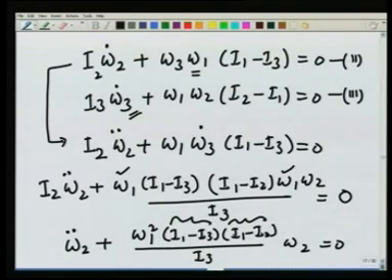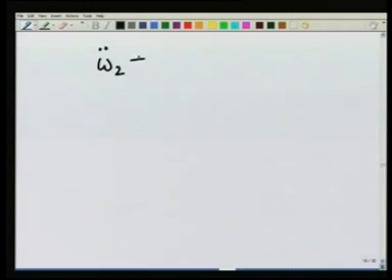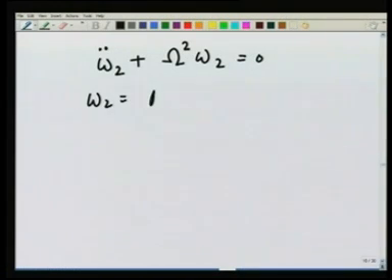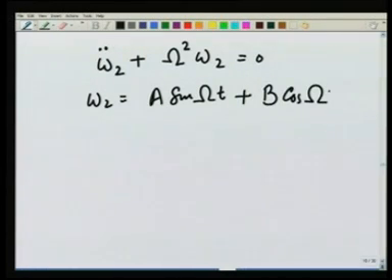Two negative quantities multiplied would give me a positive number, and therefore, I should also write I2 here because I have divided by I2, and therefore, I get the equation for omega 2 double dot plus some positive number, let us call it omega square, times omega 2 is equal to 0. And the solution for this I know is omega 2 equals some constant A sine omega t plus B cosine of omega t.